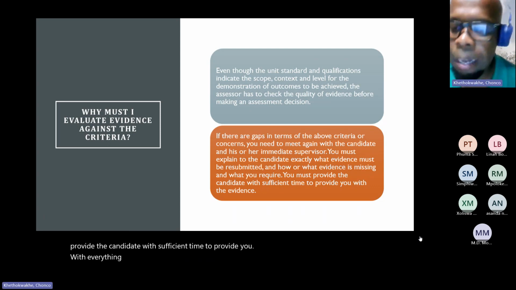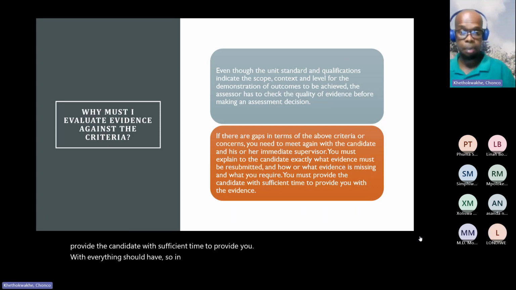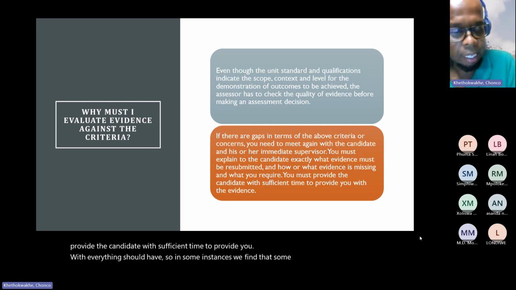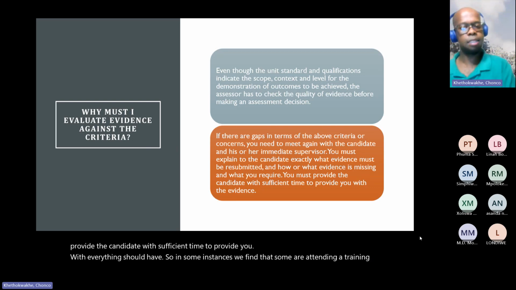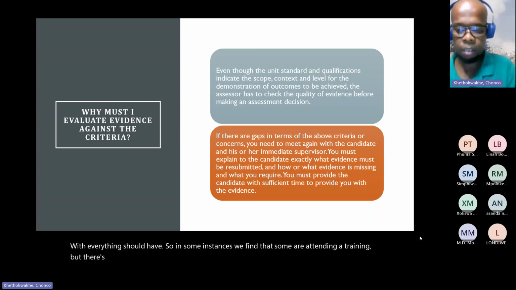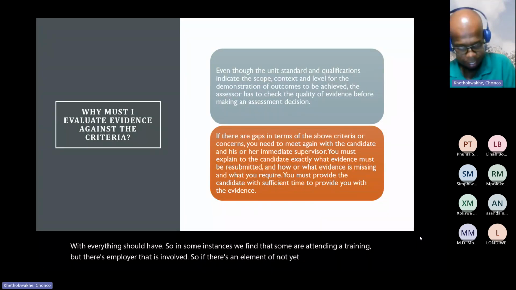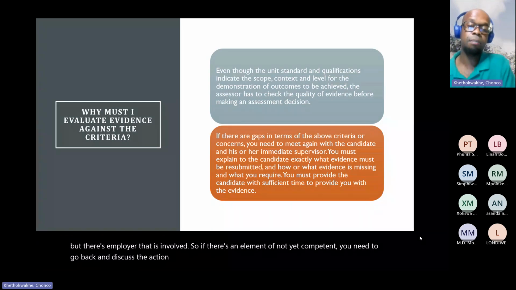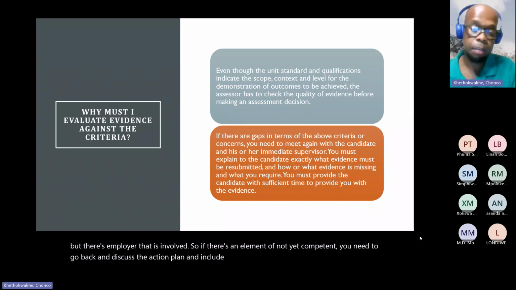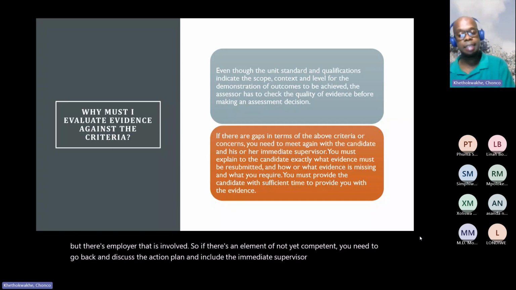So in some instances, we find that some are attending a training, but there's an employer that is involved. So if there's an element of not yet competent, you need to go back and discuss the action plan and include the immediate supervisor, because supervisors sometimes give a candidate time to go out and attend the call.